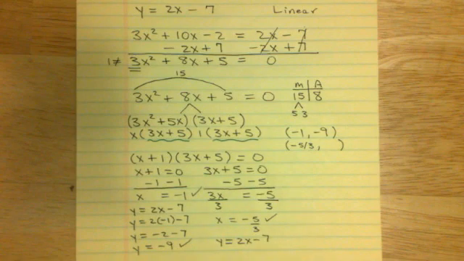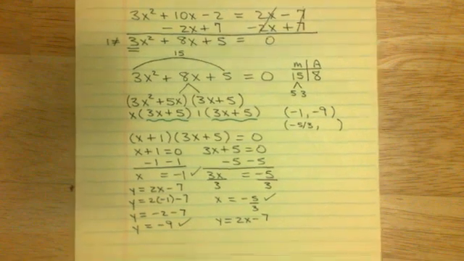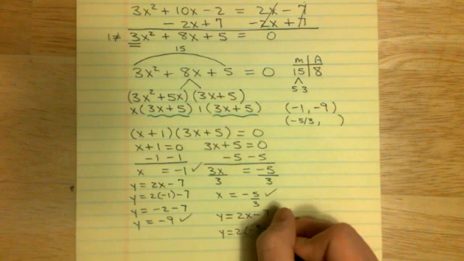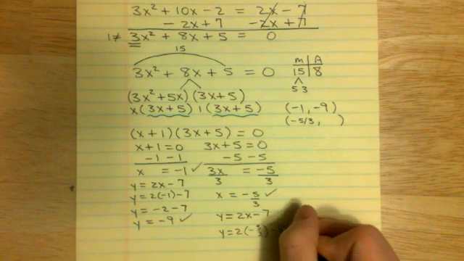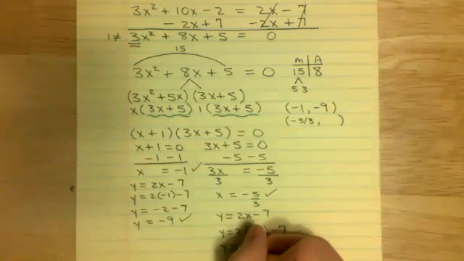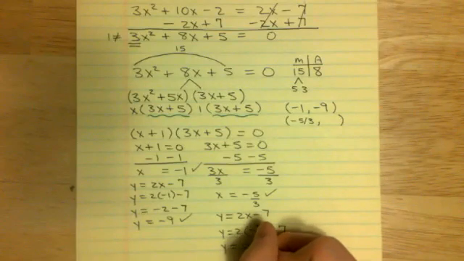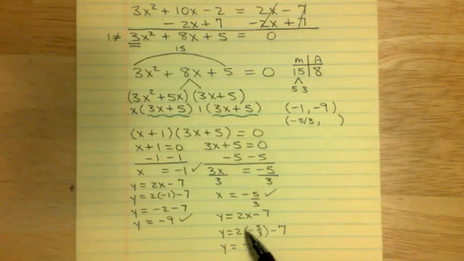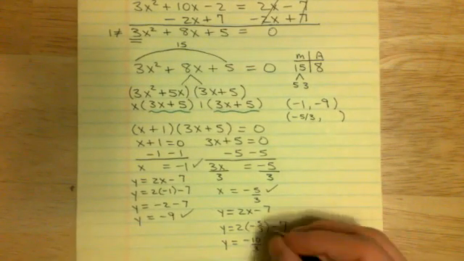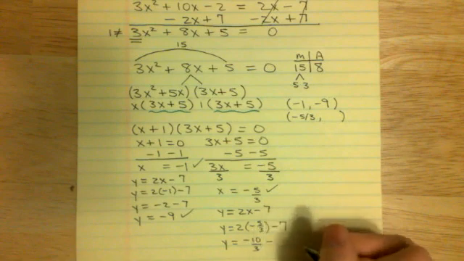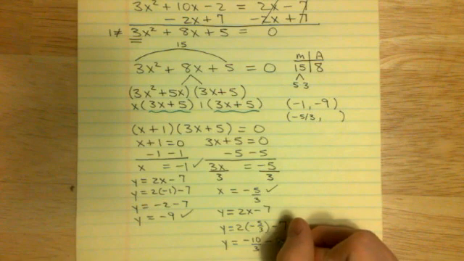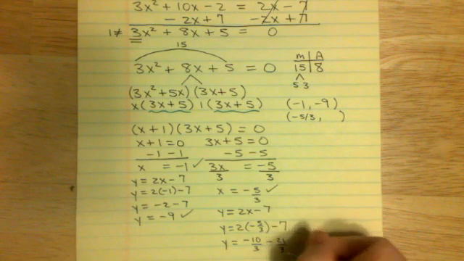For my negative 5/3 over here, when I plug that in, what do I get? I get y equals 2 times negative 5/3 minus 7. When I multiply, I'm going to have negative 10 over 3, just multiplying the 2 times 5 here, and I'm still subtracting 7 over here. But I can actually write the 7 with a common denominator, which would be 21 over 3, if you know your math.